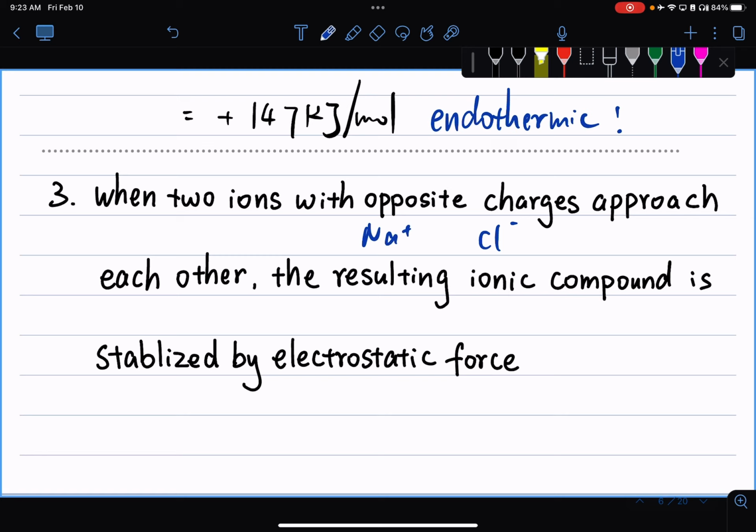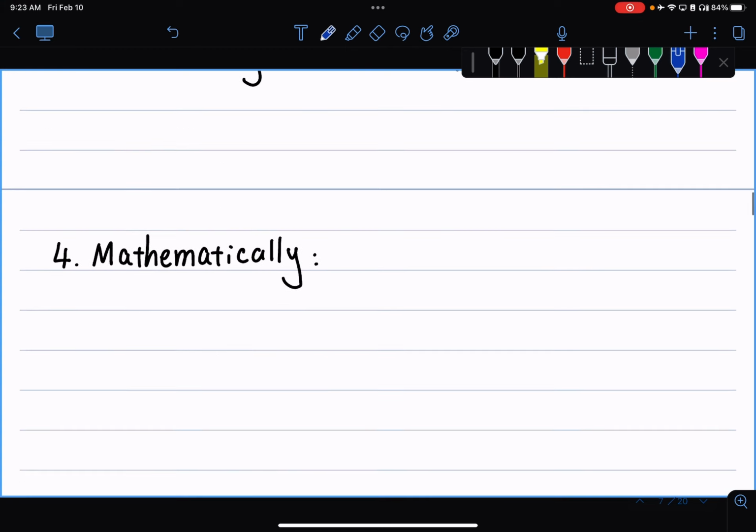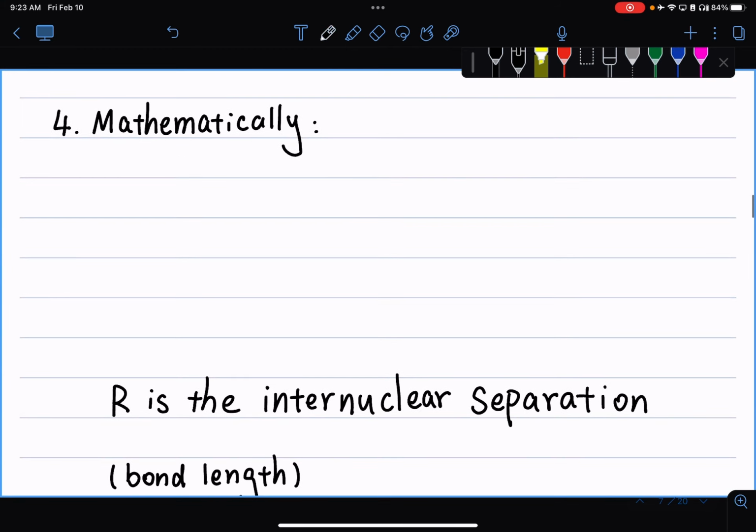Right, so it's electrostatic interaction, or Coulomb's interaction, that stabilizes your ionic bond, making your ionic complex stable. Or mathematically, the actual representation of the bond dissociation energy or the bonding energy of an ionic bond.